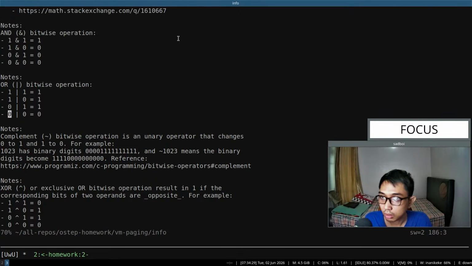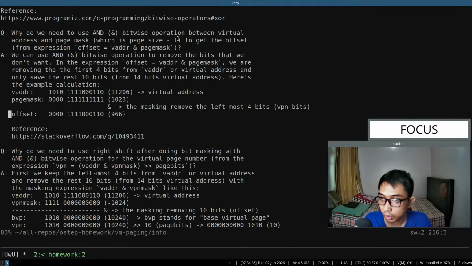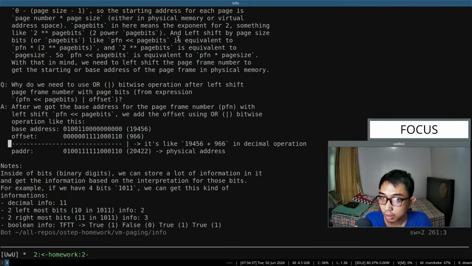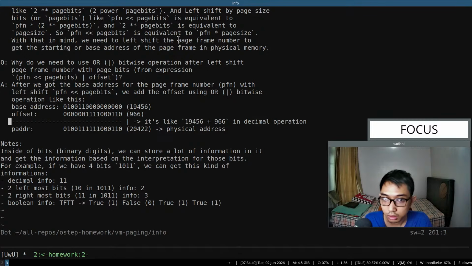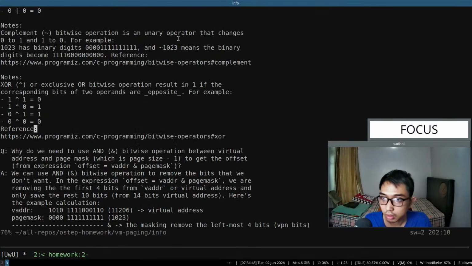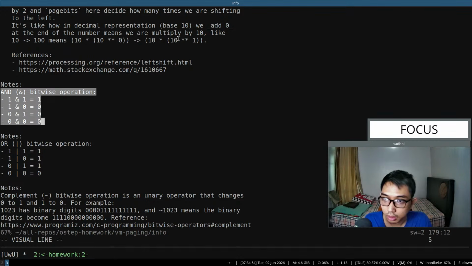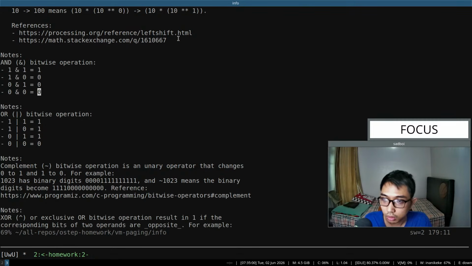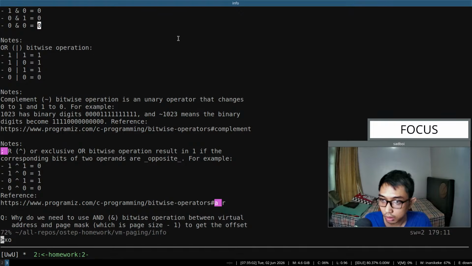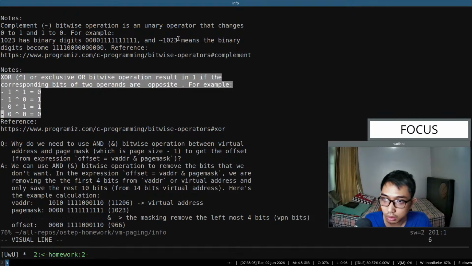We can use this to add the bit, I guess, something like this, and the AND here, we can use this to remove the bits that we don't need. So what can XOR be used for in this case?